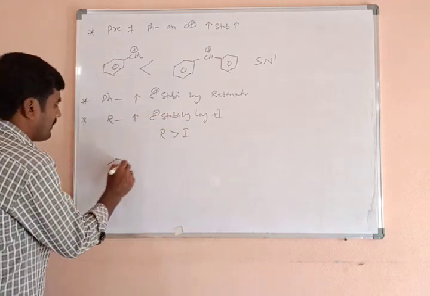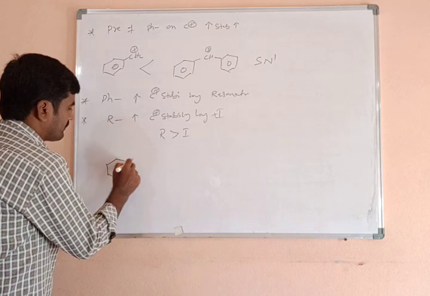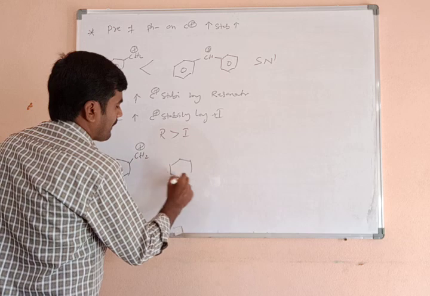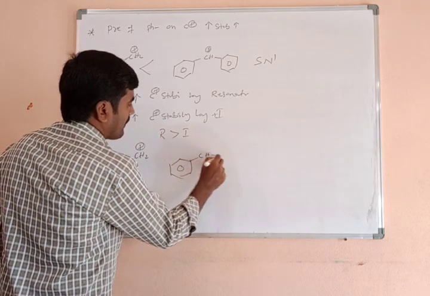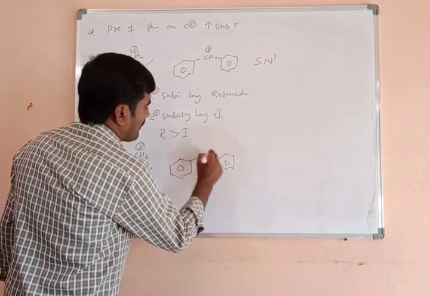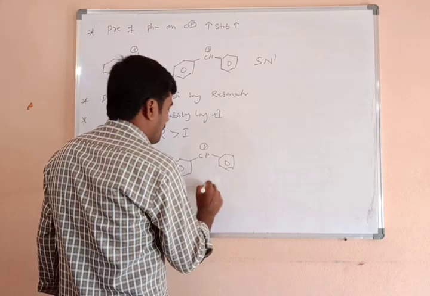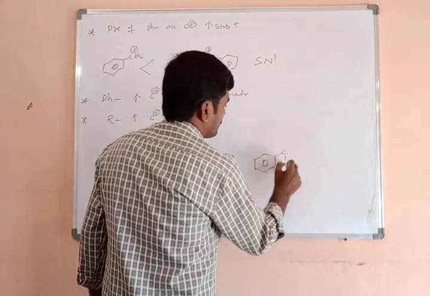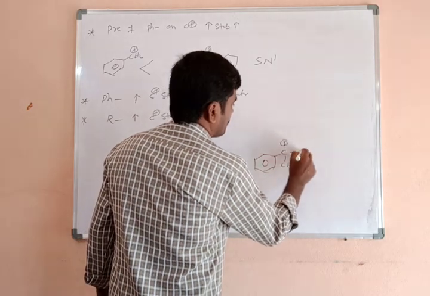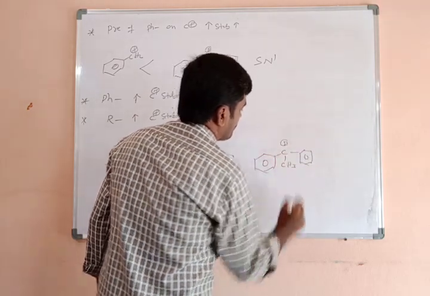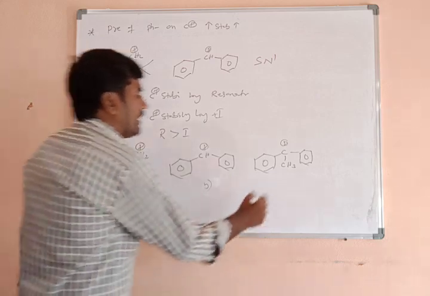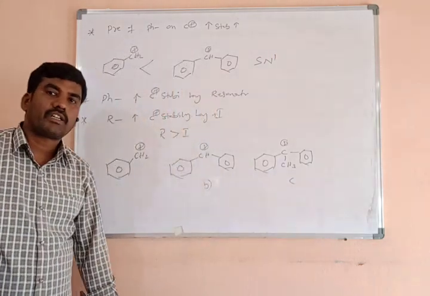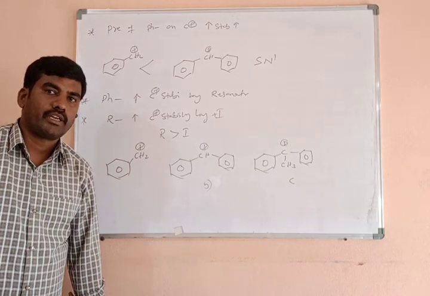For example, a benzyl carbocation is A, here two phenyl groups are there, this is B, and the third one is C. Now arrange them in increasing order of SN1 reaction.